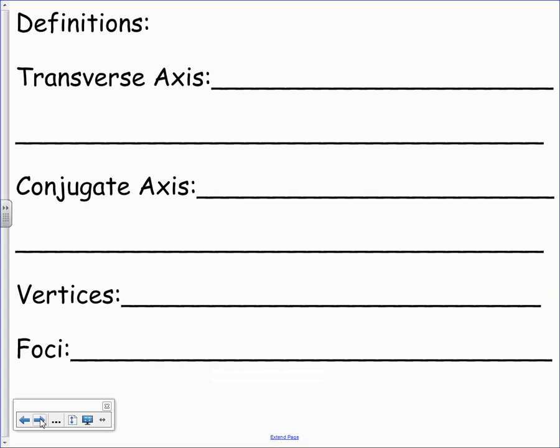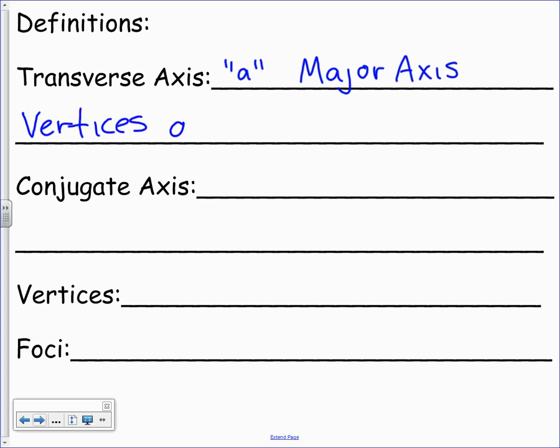Let's talk about some definitions so that we can make sure that we are all talking about the same thing. Your transverse axis is dealing with the A. It's the equivalent of your major axis. It connects your vertices. So vertices are A from the center.